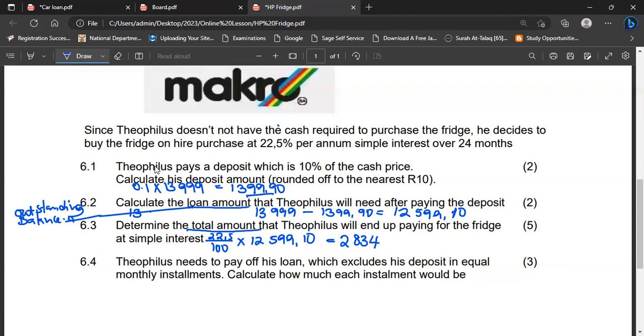We get 2,834 rands 80 cents. But remember, this is only for 1 year, but it's going to take 2 years. Multiply. So for 2 years, the interest is this much.